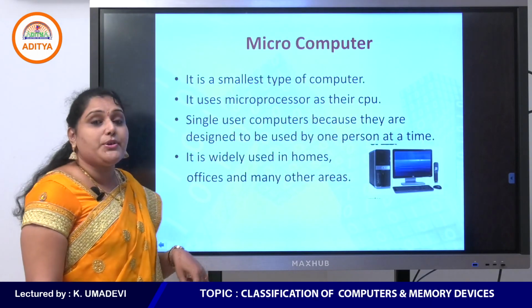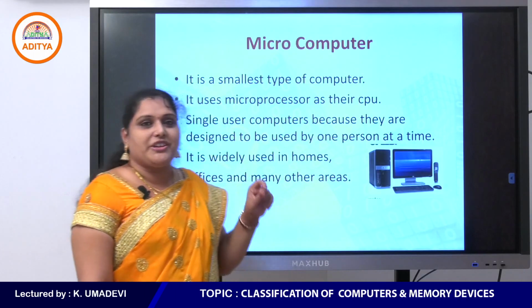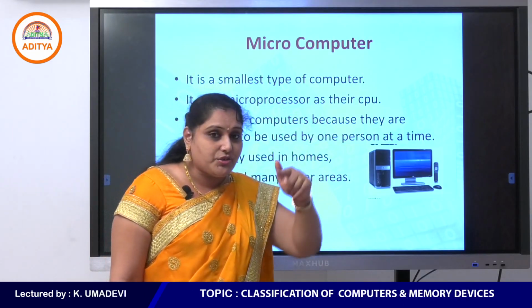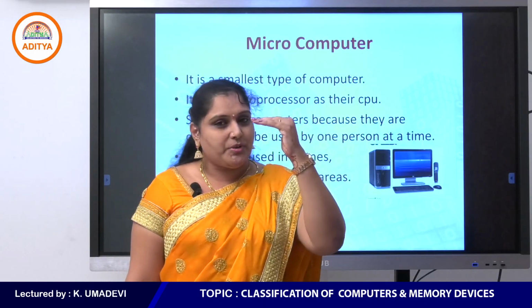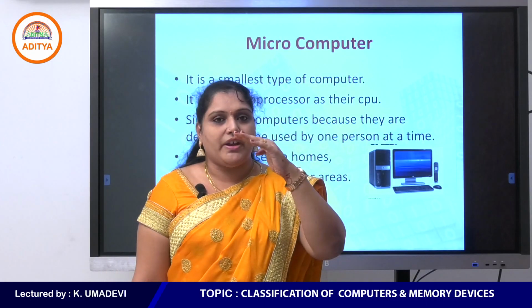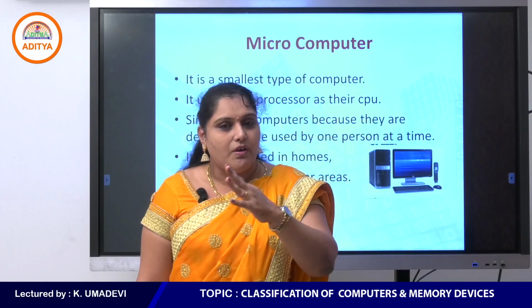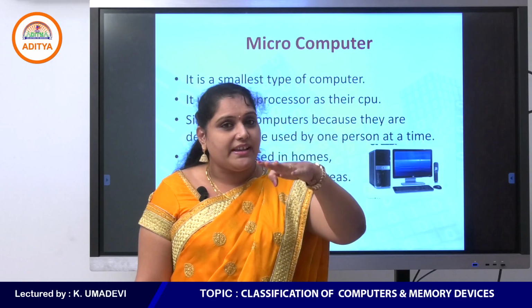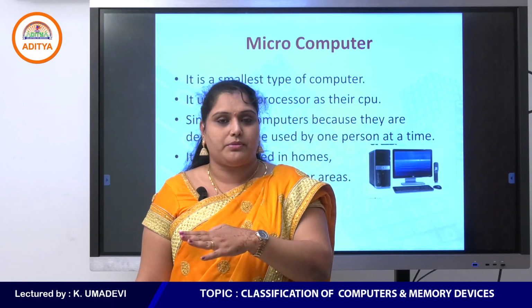Next one, the microcomputer. It is the smallest type of computer when compared to all other types, because the supercomputer is very big in size compared to all other computers. Mainframe is big in size compared to mini and micro.